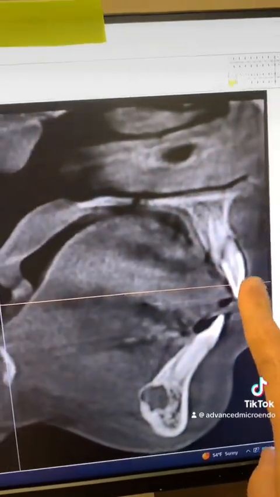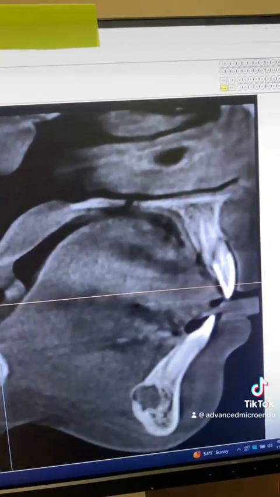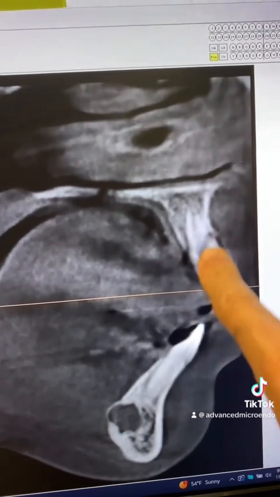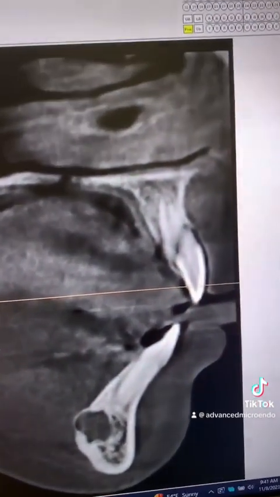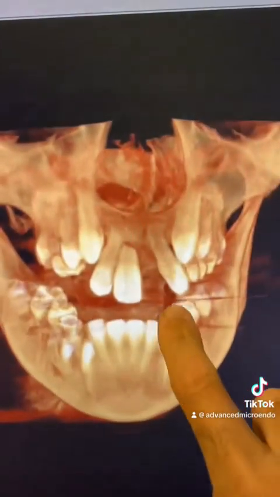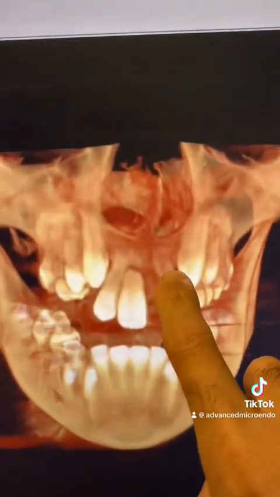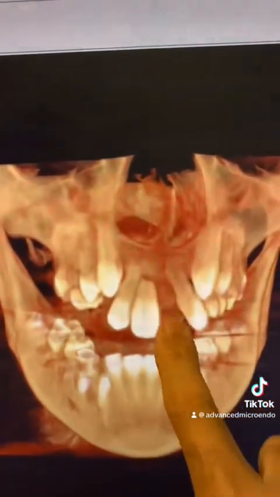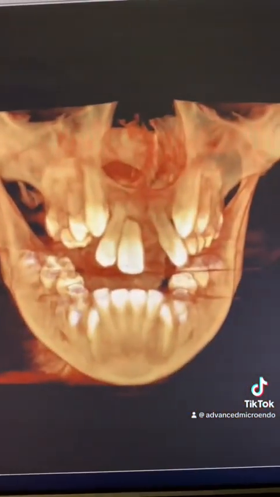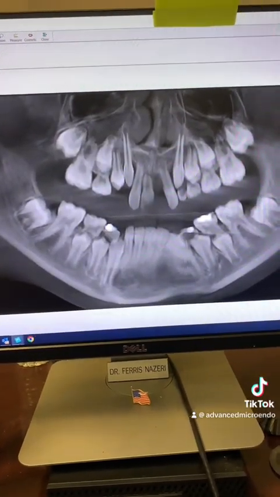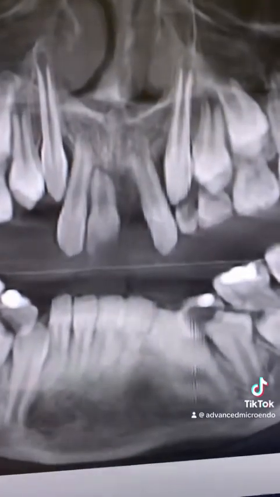This is the CBCT that was taken after the trauma, and you can see tooth number 10 with the horizontal fracture right there. And again, you can see the horizontal fracture here, tooth number 8 here, number 10, of course, missing. Here's the panel of the patient that was taken by the dentist.